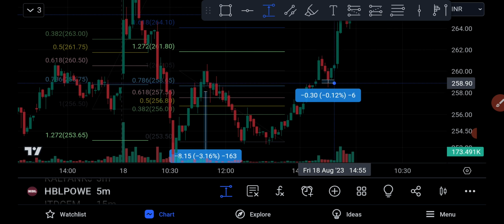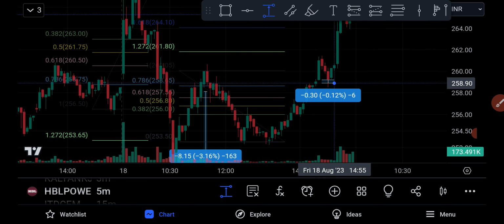So what I actually did, I took a small swing right here. Okay, I took this small swing, and next the market is going down. As you can see here, at this point the market sustained down. So I was thinking the market could go all the way down from there. So I entered at the point where it was actually getting down.